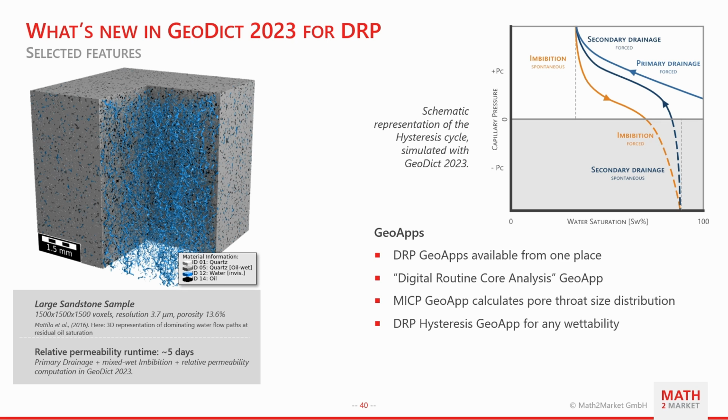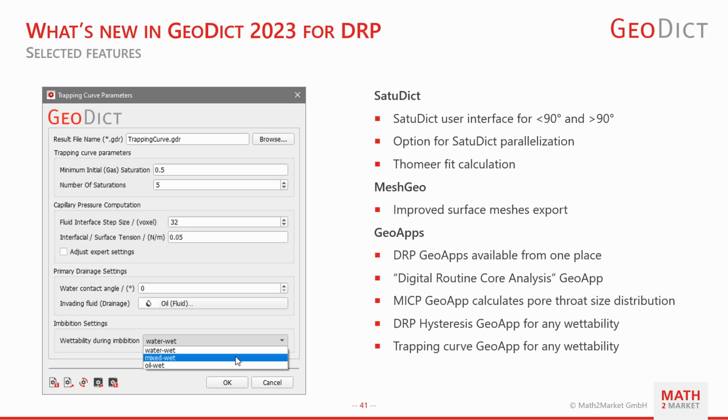This app bundles the most important options and includes a choice for rock wettability. As a side note, the relative permeability runtime, including primary drainage and imbibition for a large domain of 1500 cubed, was only 5 days, compared to several months of lab time. In GeoDict 2023, the Trapping Curve GeoApp now also features a wettability choice.